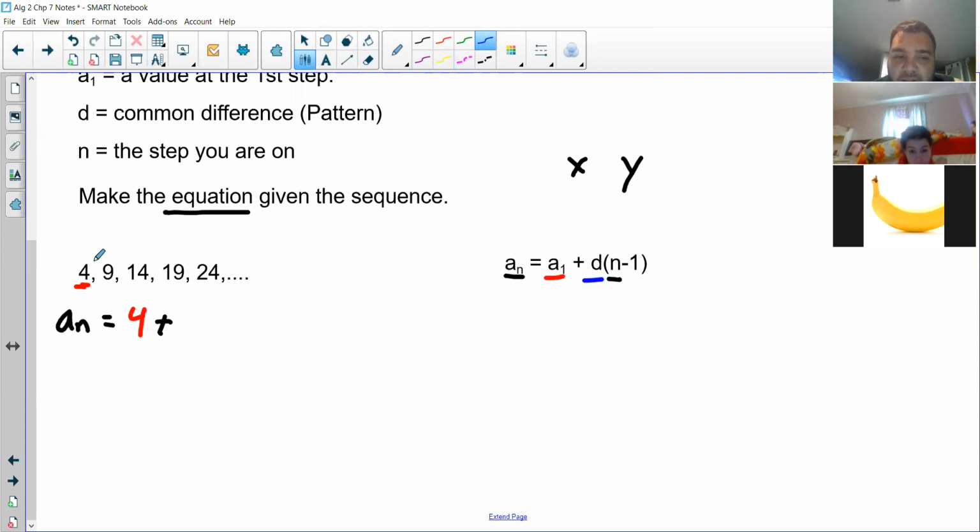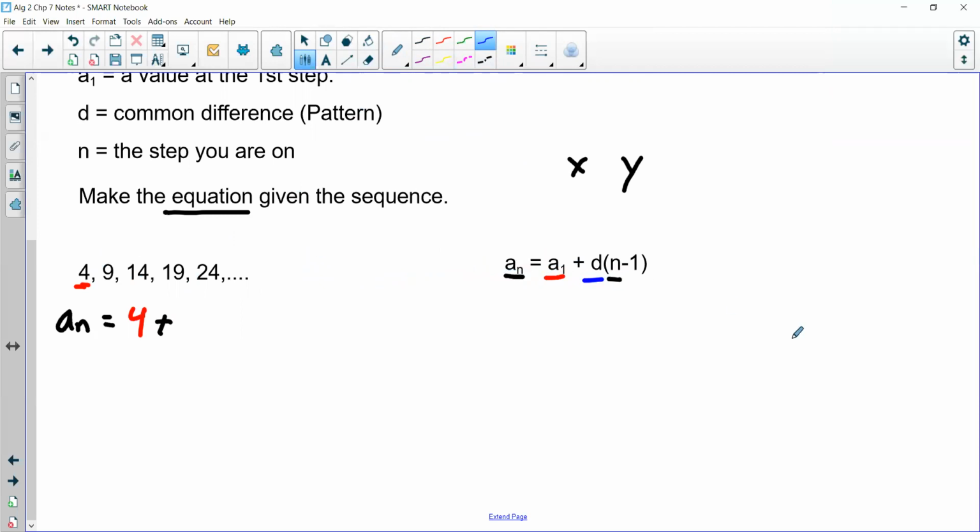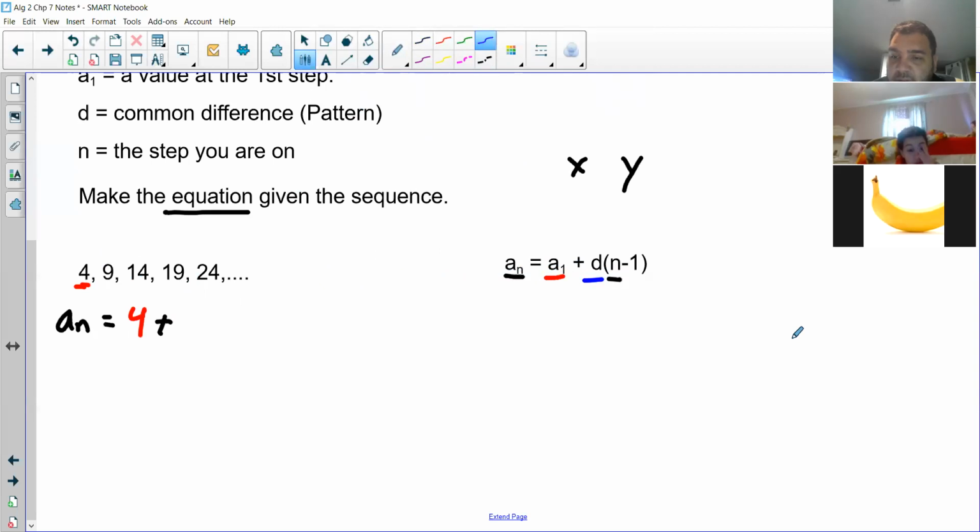Mariah, what is the pattern here in this one? Look at the numbers. Check it out. You want me to pass it to somebody else? Is it +5? Excellent. The pattern is +5 each time. +5, +5.